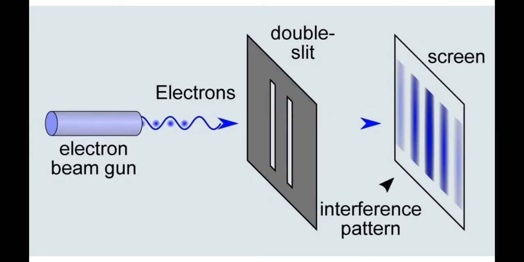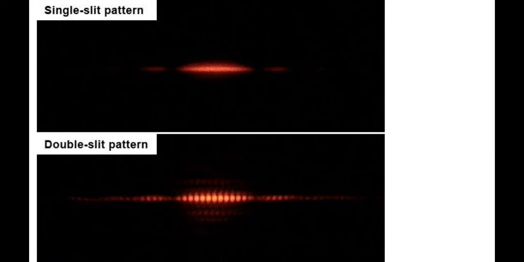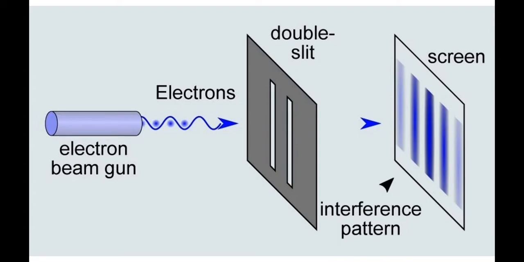But then scientists made experiments using an electron beam gun, a source of electrons, and the electrons were coming through a double slit, two slits. Interestingly, at the screen an interference pattern was detected, the same as for light, almost. The screen was made with photoemulsion, sensitive to electrons. A higher density of electrons corresponds to a darker line on the screen.